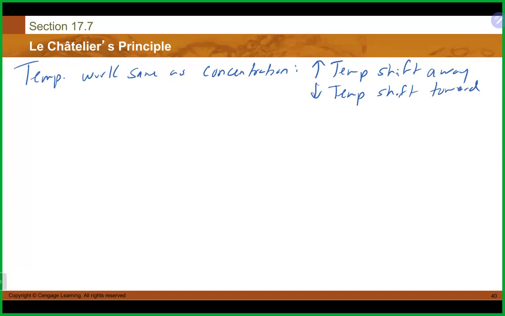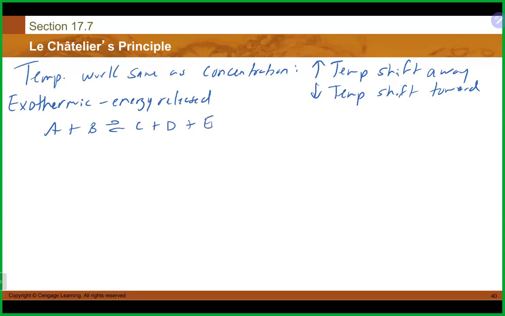If you're dealing with an exothermic reaction, that means energy is released. When we think about an exothermic reaction, we think of energy and heat as being a product, like it is being given off. So if you have an exothermic reaction, the energy or temperature spot, if you will, is on the product side.